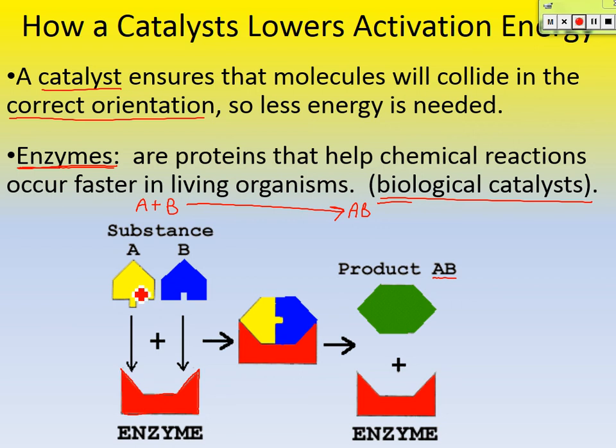This surface makes them collide in the correct orientation every time. And so it brings these two molecules together. It kind of looks like a puzzle piece, but it makes them collide every time to make the product. So there's more effective collisions. That speeds up the reaction dramatically, as we just saw.